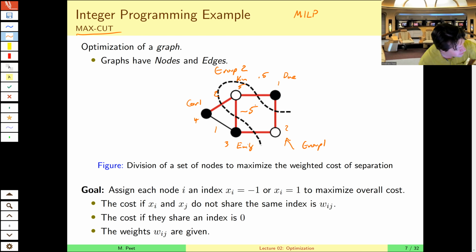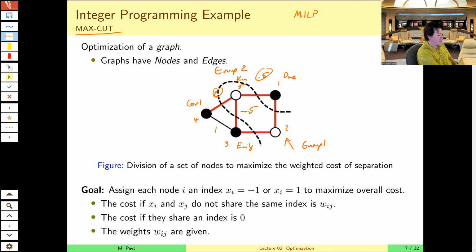So the max cut then is how to group these students into 2 groups such that the total annoyance of all the students is maximized. If I separate Dave and Ken, they're annoyed at value 0.5. If I separate Carl and Ken, we get 2 points.